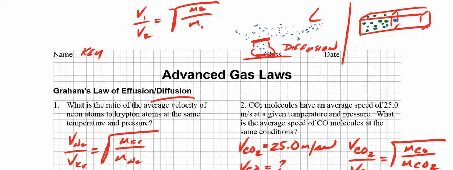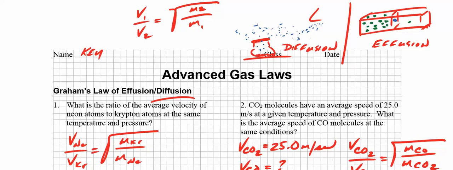Eventually, one of them is going to make its way through the little hole, and it's going to end up on the other side. And we want to know how long that takes to happen. This phenomenon is called effusion. Not diffusion, but effusion. All right.